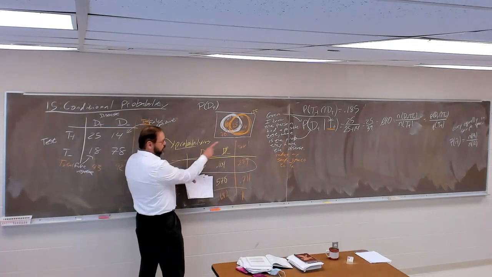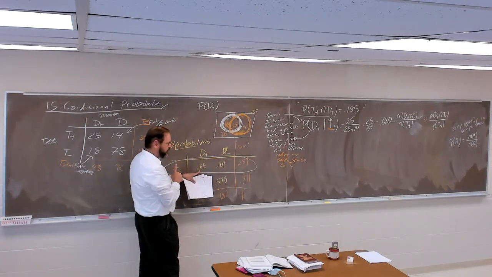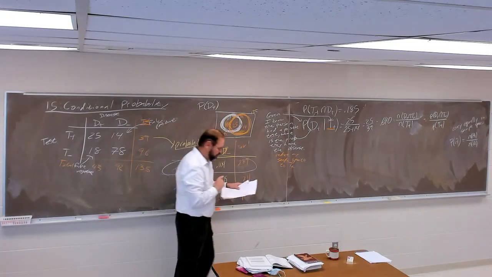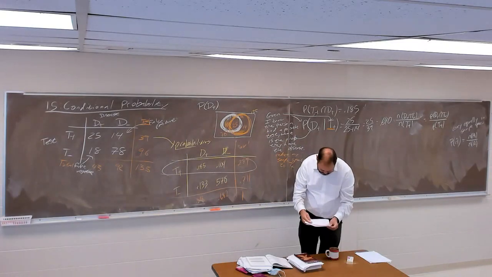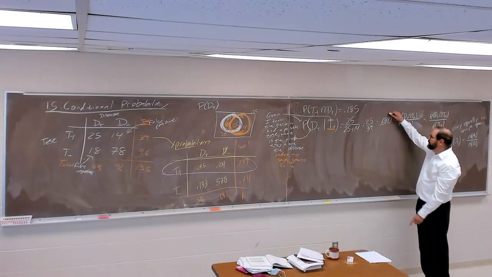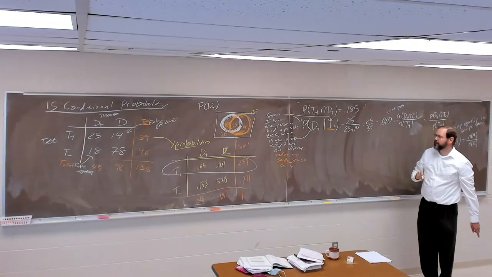And the answer could also be calculated as this number divided by that number. That's our new number. Or this number divided by the sum of those two numbers. So this would be the probability of true positives.